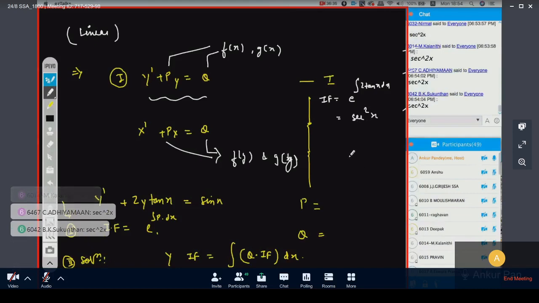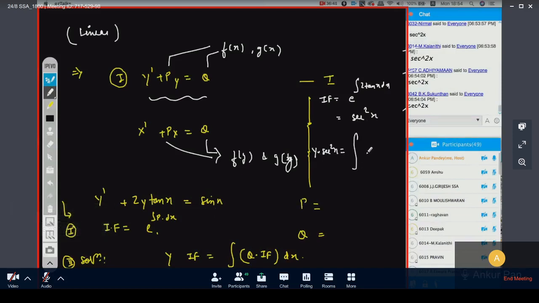Very good. Now the solution will be y into secant square x equals integration of Q into secant square x. Clear? And you have the answer.